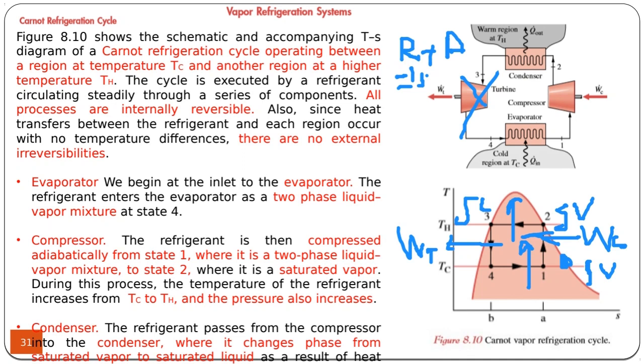Then there will be an expansion like this. Of course, in this case, the entropy will increase and the expansion will be under constant enthalpy. So these are the practical problems of a Carnot refrigeration system.